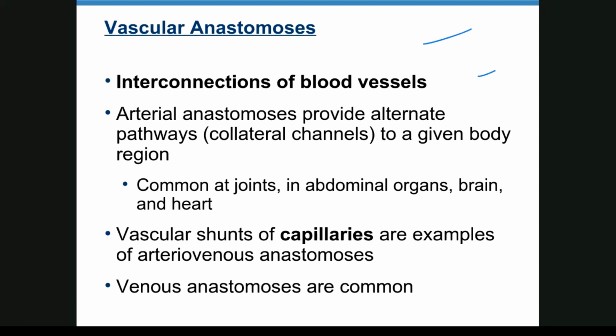Common in joints, abdominal organs, and even in the brain. And we have shunts of capillaries, which are basically an arteriovenous anastomosis. Venous anastomoses are more common than arterial anastomoses.